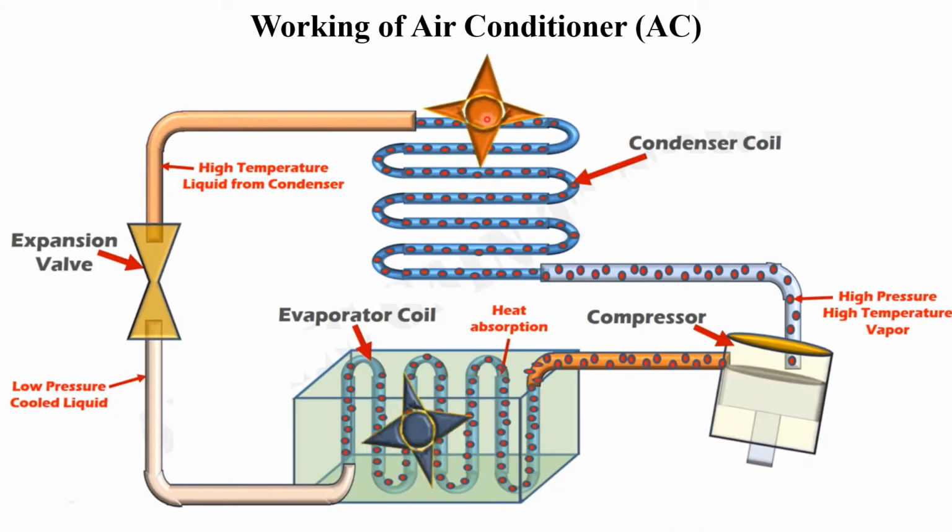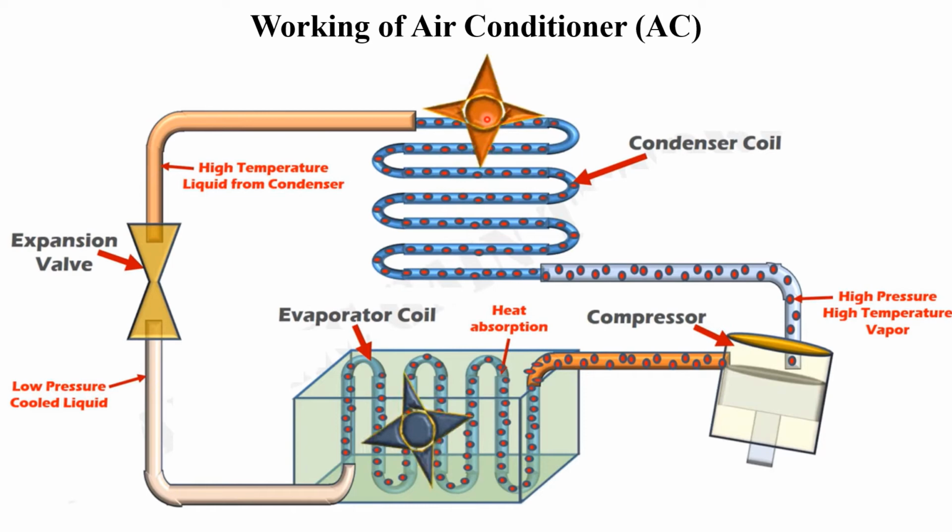Let us try to understand how the AC works. We know the different parts of the AC are the evaporator, condenser, compressor, and expansion valve. Each part is connected by connecting pipes, making it a closed circuit. Now let us look at the working of the air conditioner. The basic principle of AC is to remove heat from the confined space and replace it with chilled cold air and expel the hot air to the outside atmosphere.